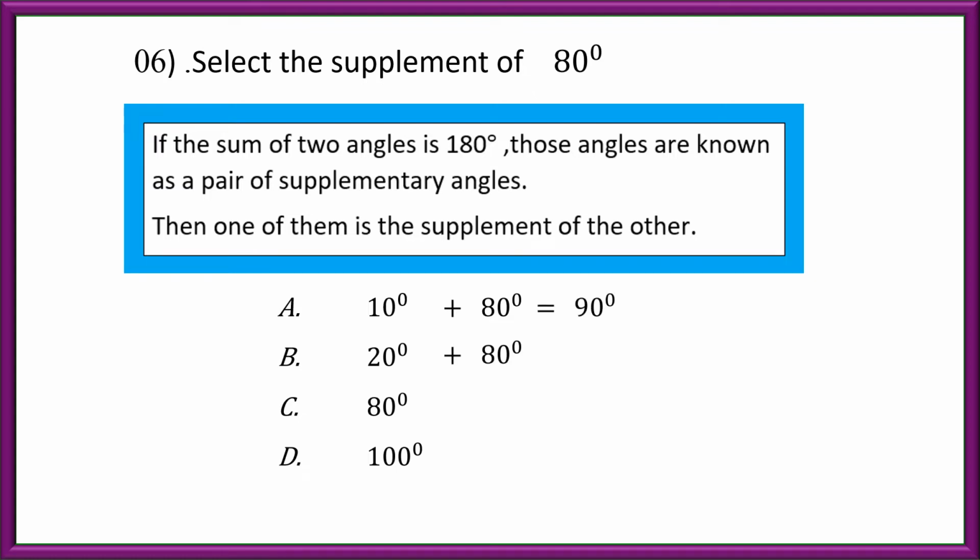In the second option, 20 degrees plus 80 degrees, that is 100. In the third one, 80 degrees plus 80 degrees, that is 160 degrees. The last one, 100 degrees plus 80 degrees, that is 180 degrees. Therefore, the supplementary angles we can see in option D.